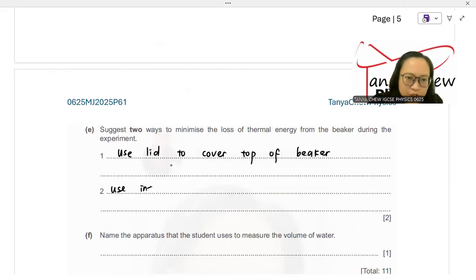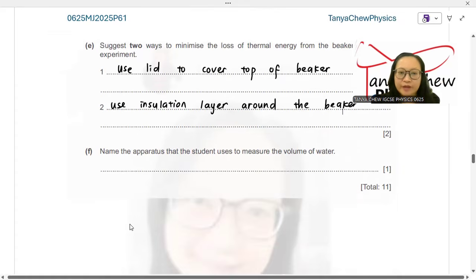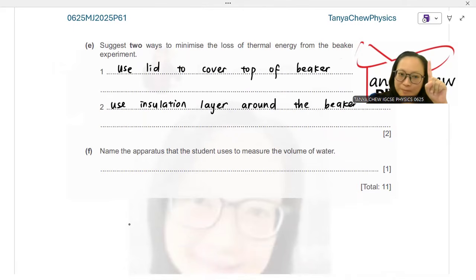Use an insulation layer around the beaker, right? And F, name the apparatus that the student uses to measure the volume of the water. There's only one apparatus. You should remember. It is called measuring cylinder. That's the answer.